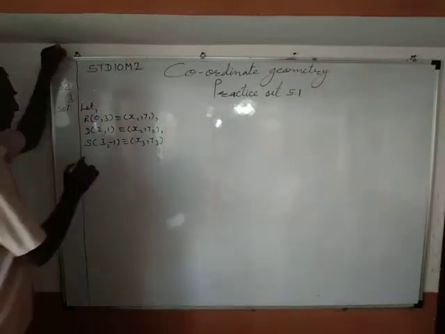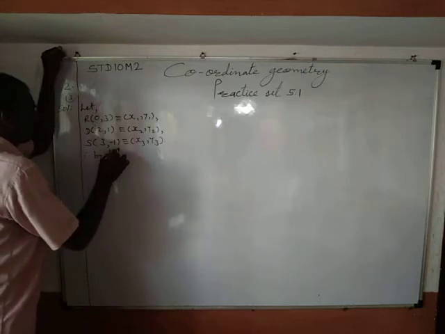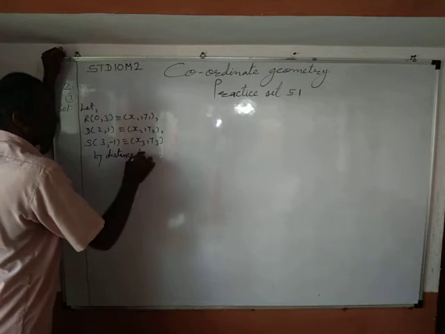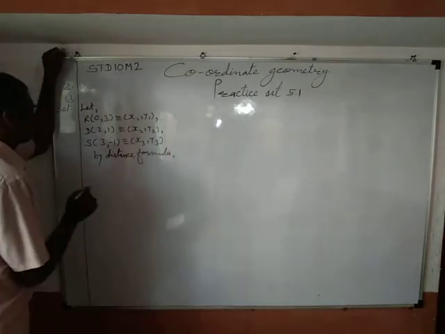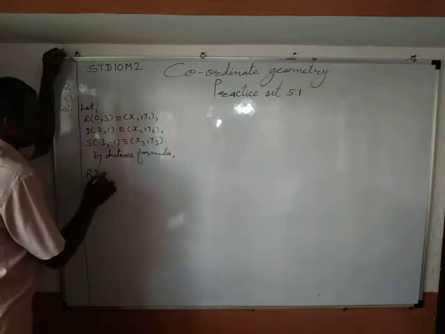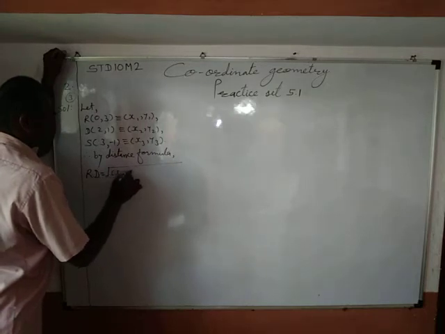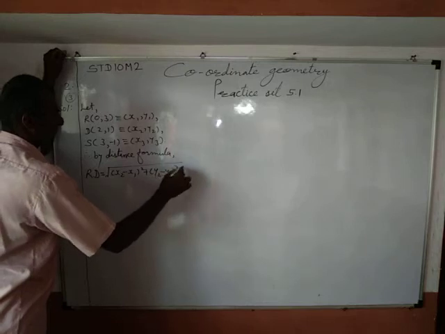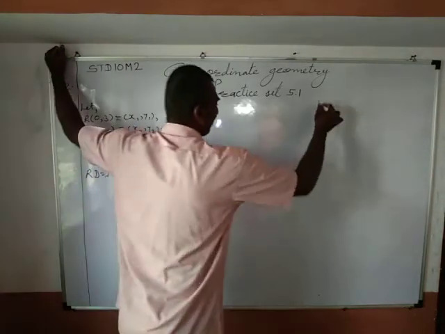Therefore, by distance formula, RD equals under root (x2 minus x1) whole square plus (y2 minus y1) whole square.